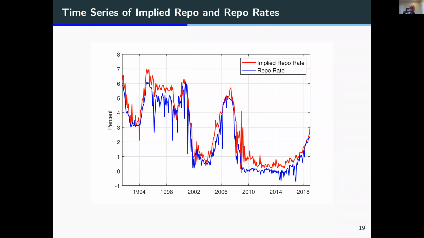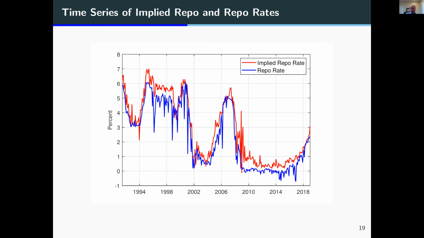This is what the picture looks like over about 30 years. The red line is the implied repo rate, which we're inferring out of the Treasury note futures market. And then the blue line is the repo rate, which is often special for the 5-year Treasury note, so the note that actually corresponds to basically the cheapest to deliver note in the contract.